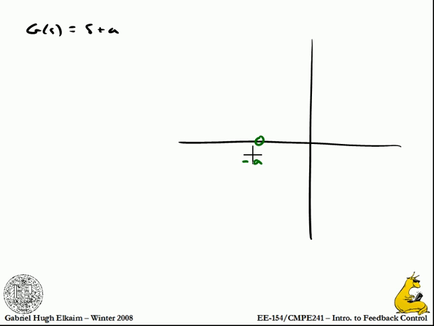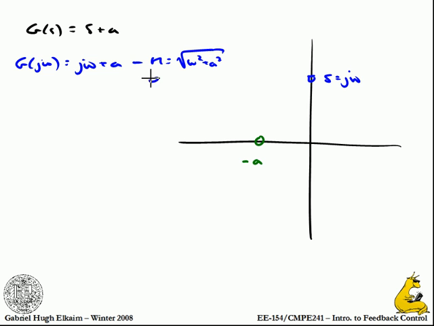I want to evaluate this at, let's pick a point here, s equals j omega. I want to evaluate G of j omega. That's going to be j omega plus a, which means that M is the square root of omega squared plus a squared, and phi is arctan of omega over a.